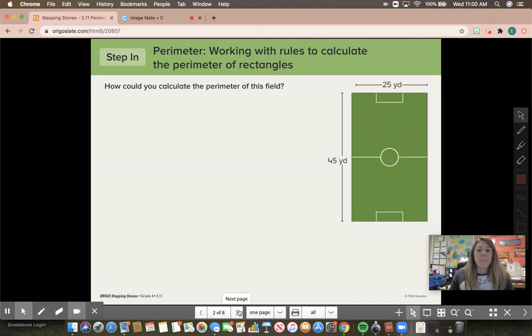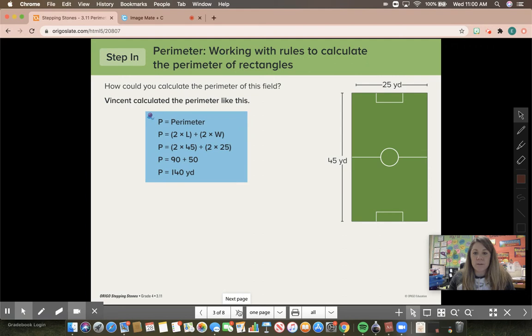Here's a soccer field, it looks like, and they want to know the perimeter of the field. So the rim, the outside of the field. You can do 2 times 45, which is twice the length, or 2 times 25, which is twice the width. Perimeter is twice the length plus twice the width.